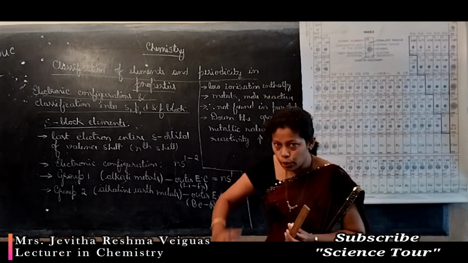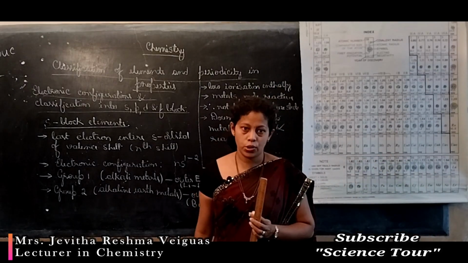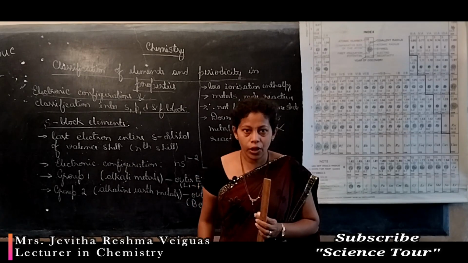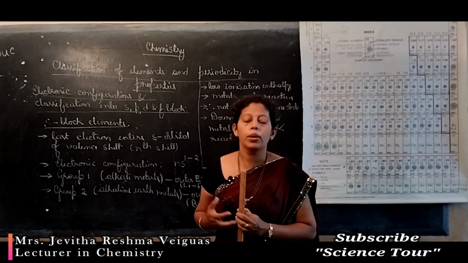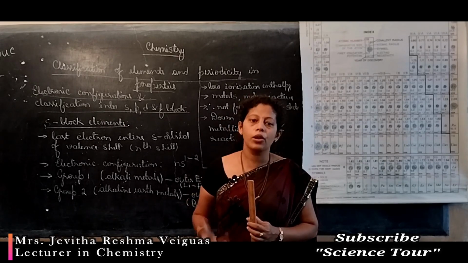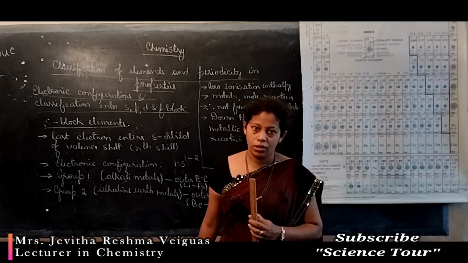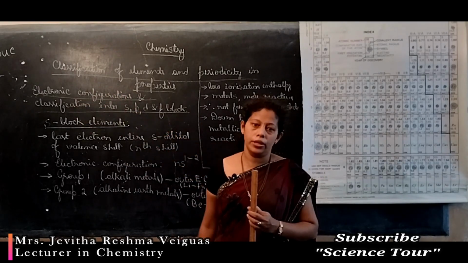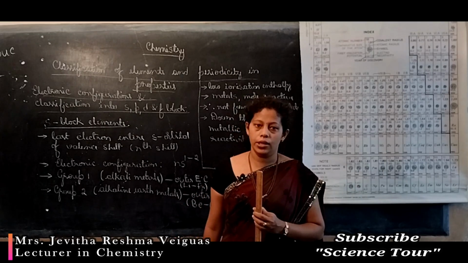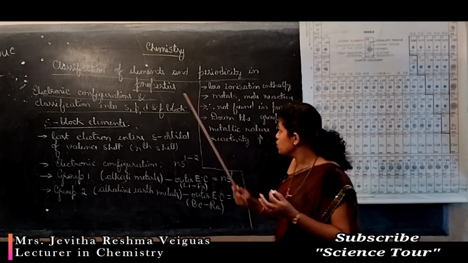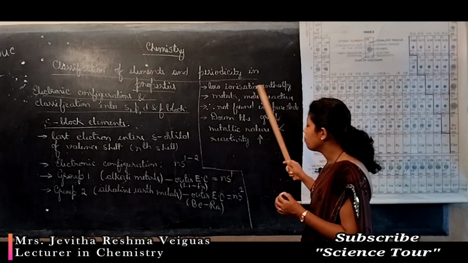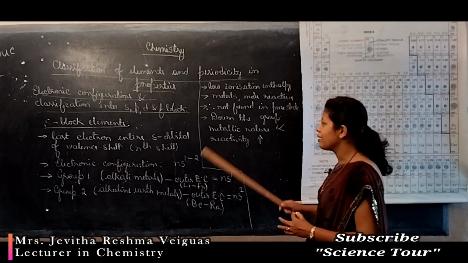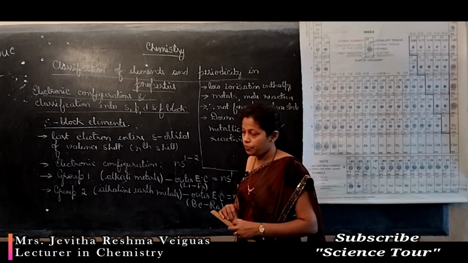Hence, the number of electrons increases, since atomic number is equal to number of electrons. So the size increases. Hence, the last electron, which is very far from the nucleus, can be removed easily. So as the size increases, ionization enthalpy becomes very low. As a result, metallic nature and reactivity increase.